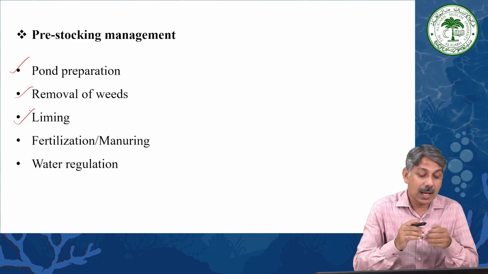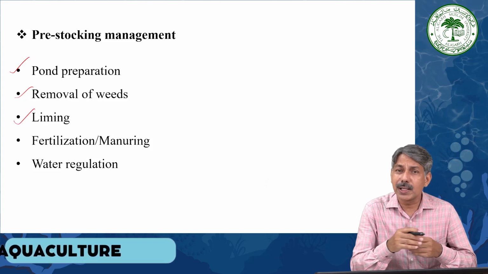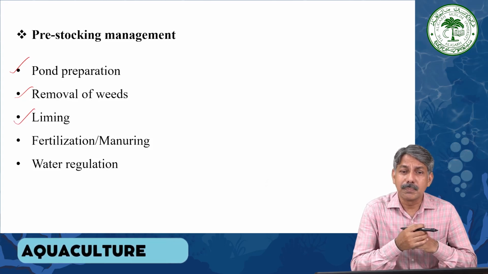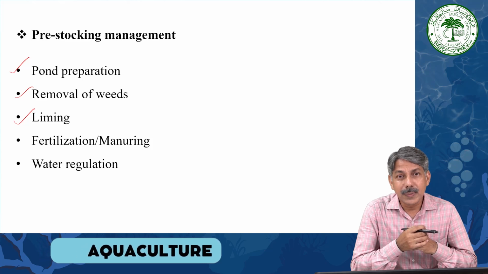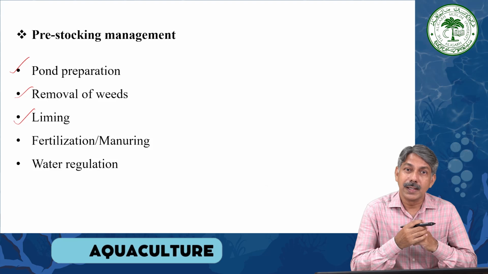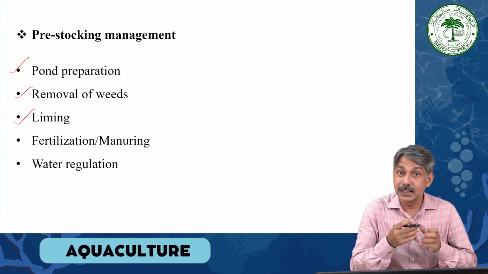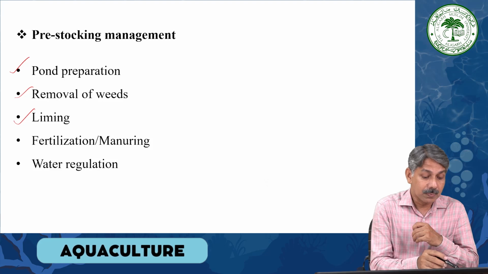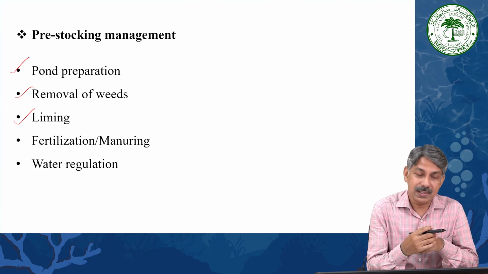Then we do liming also. We do plowing and liming because maybe there are certain cysts and other harmful stages of the animals which can later on cause disease in fishes. So ultimately you have to do liming also in order to control the pH.